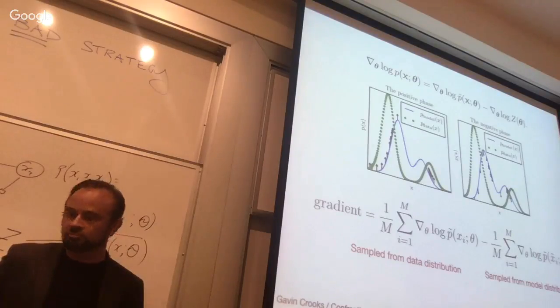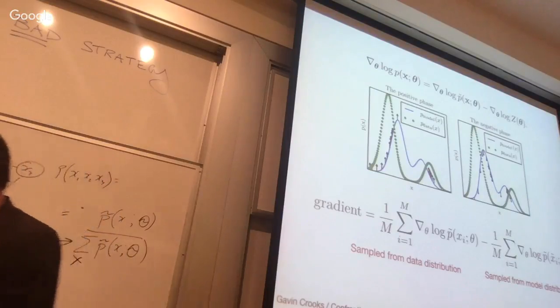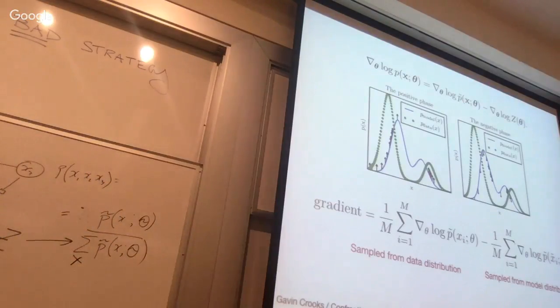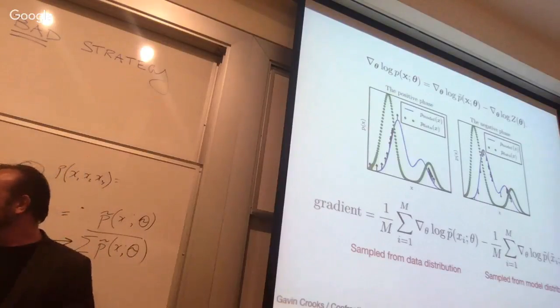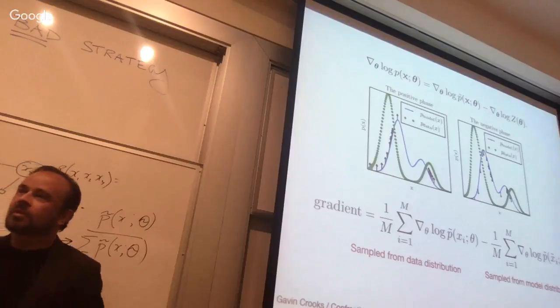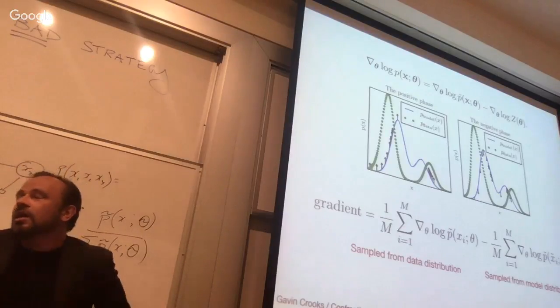Do you have any experience with these automatic Hamiltonian Monte Carlo samples? I'm not sure what you're referring to. Hamiltonian Monte Carlo is the one which uses the derivative. Yes, it's a mixture of molecular dynamics and Monte Carlo.